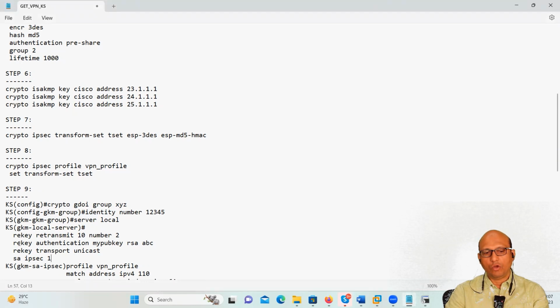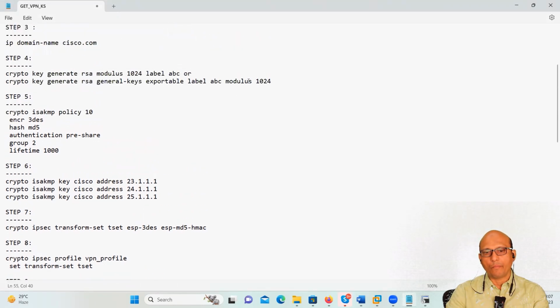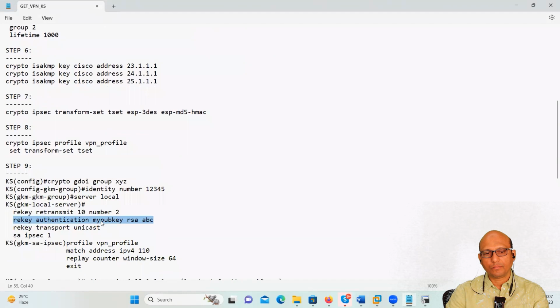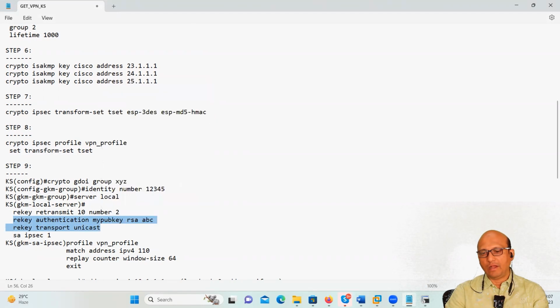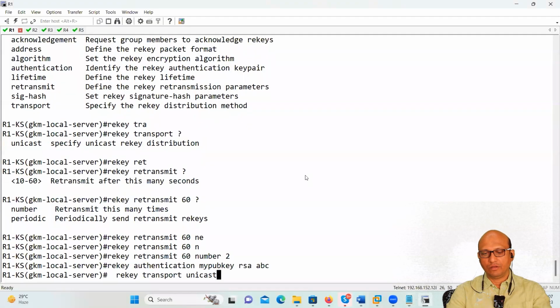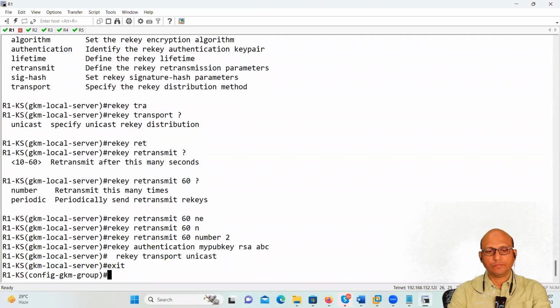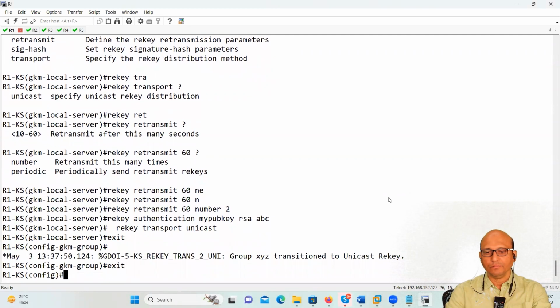The rekey authentication is my pub RSA ABC, which we created just now. And I want this to be a unicast. You can do it with multicast also, but at present, I am having only one server. So I will keep it unicast. By default, it is multicast. So I changed it.